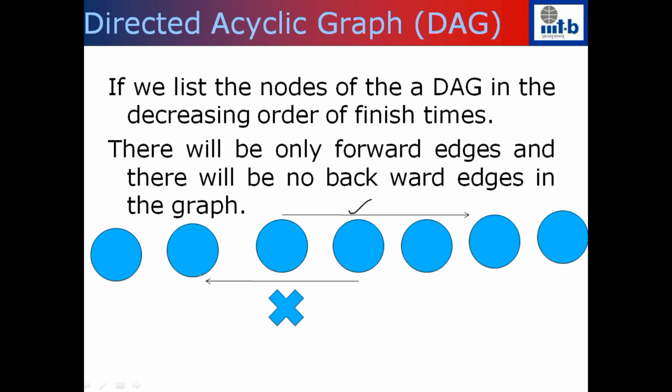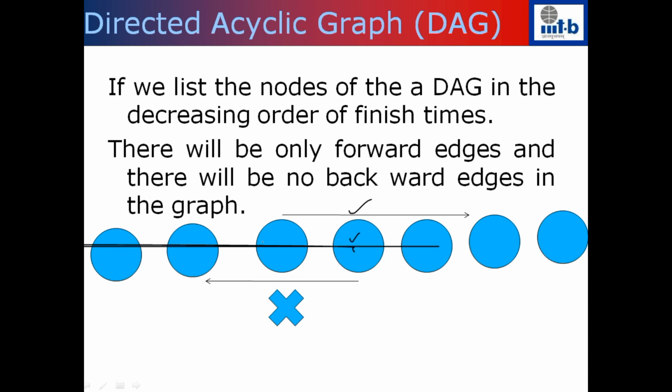So if you want the activities to be completed, the activity graph must not contain a cycle. If you do the topological sort of the DAG, this gives you an ordering in which to complete these activities, so that when you come to an activity, all its dependencies have been satisfied. Take this activity: it has incoming edges only from the left-hand side, and there are no incoming edges from the right.